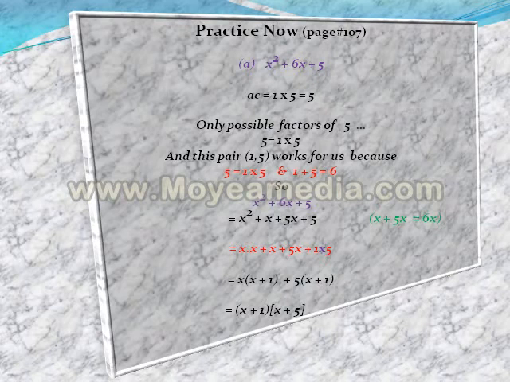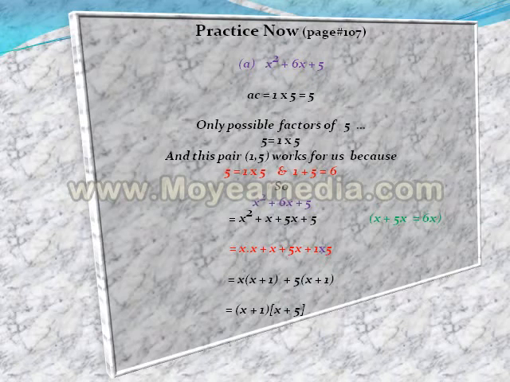And in the final step, because x plus 1 is now common in these two terms, I took x plus 1 common, this whole term. When x plus 1 goes out, what remains here is x. And in the second term, when x plus 1 goes out as a common factor, just 5 remains. And you see, these are the two factors.